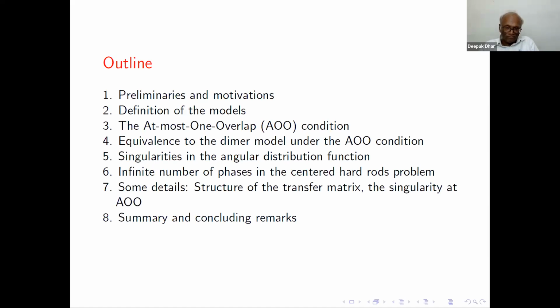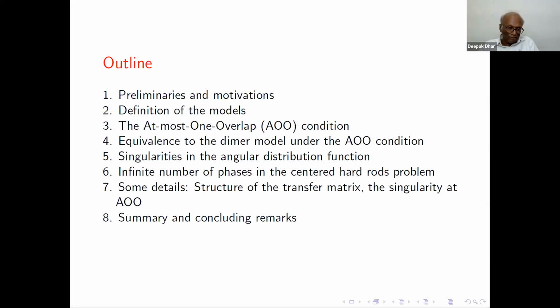This distribution has singularities, which are generic and geometric in origin. And they can be understood; the position of the singularities and the nature of the singularities can be determined analytically. We cannot determine the function in closed form, but we can at least determine the position of singularities and the structure of the singularities.